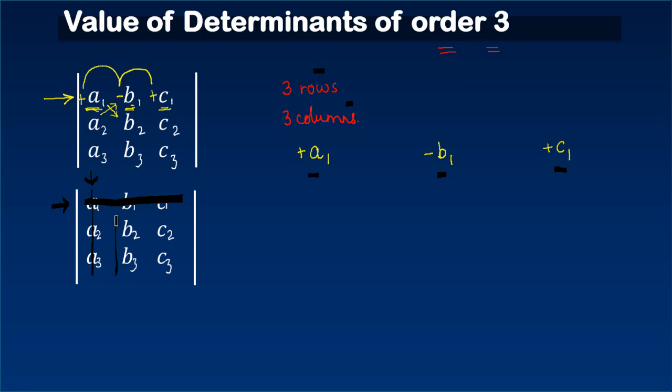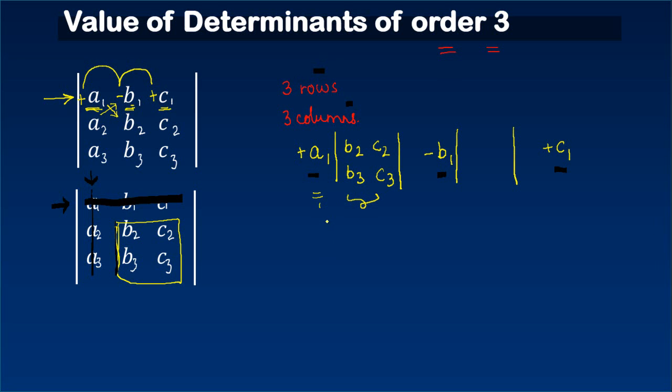I'm just left with this particular piece, which is B2, B3, C2, C3, and I put this piece in front of A1. What this means is that I need to multiply the value of A1 with the value of this order 2 determinant.